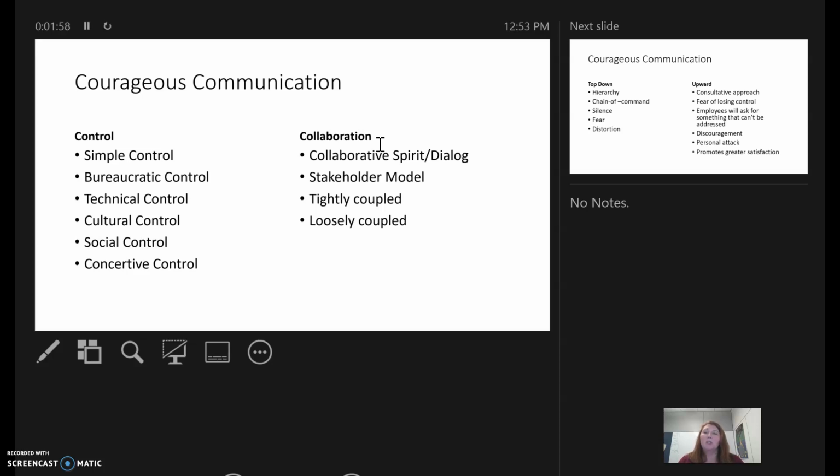There are so many different types of control. You have simple control, which is pretty much what you think about: managing someone's work, giving feedback, setting expectations, and trying to control the work that people do day to day. Bureaucratic control is all the red tape, all the paperwork that we have to fill out.